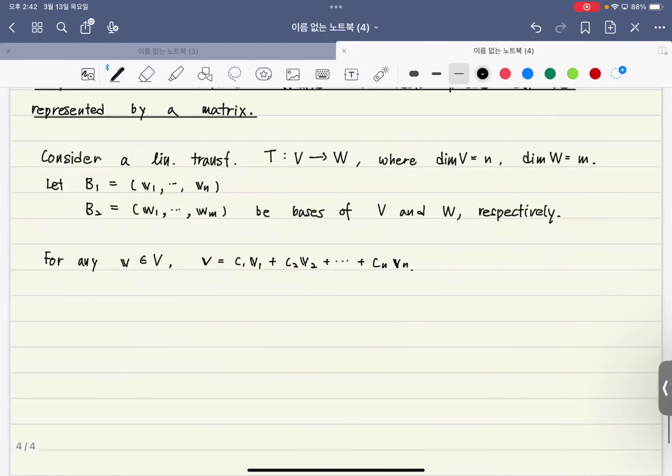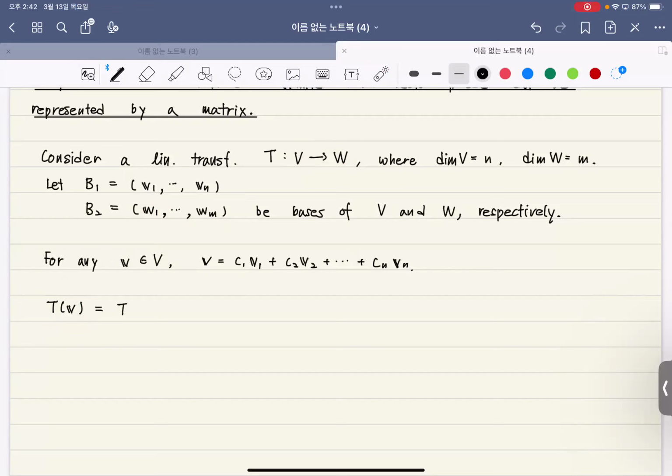Now, let me just plug this guy into our linear transformation T. Since T of v must be not a member of V, but a member of W, I must be able to write this as a linear combination of W1 to Wm.